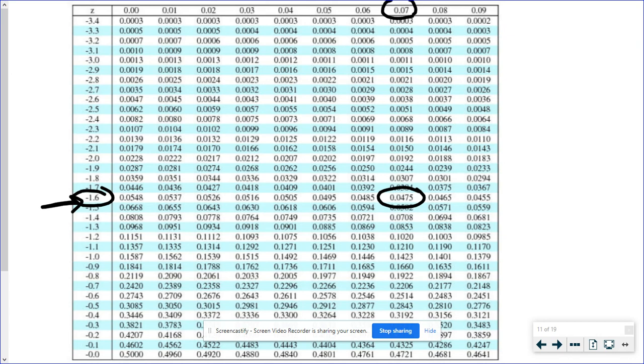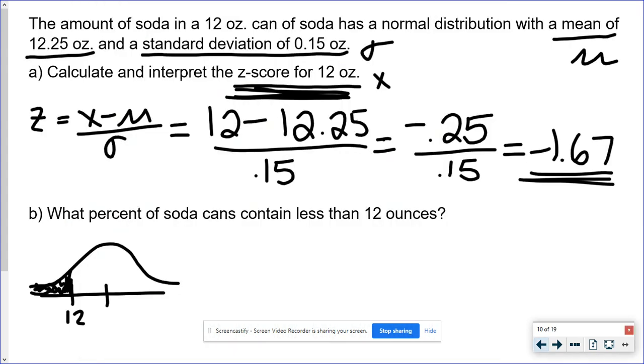So like I tried to explain when I had the whole z-table in front of me, the shading on the top is indicating that this number, 0.0475, is the area to the left of that z-score. In other words, this shading right here is equal to 0.0475.